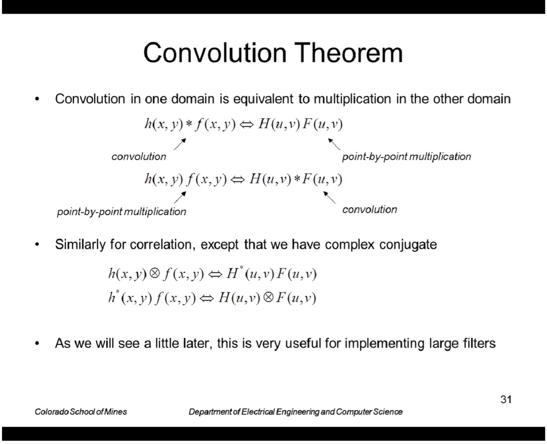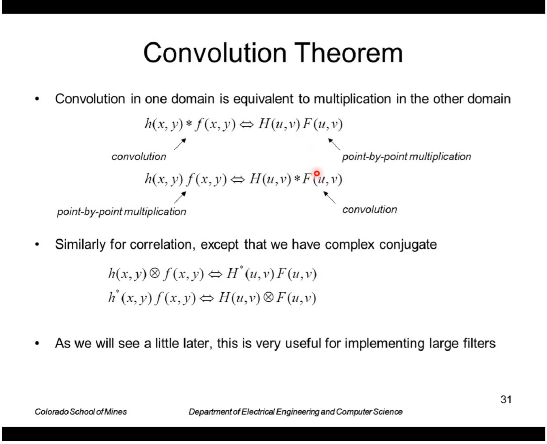Finally, the convolution theorem is very important. It says that convolution in one domain is equivalent to multiplication in the other domain. So if I have a filter, let's say small h of xy, convolved with an image f of xy, that has a Fourier pair of the transform of the filter, big H of uv, multiplied point by point times the transform of the image, capital F of uv.